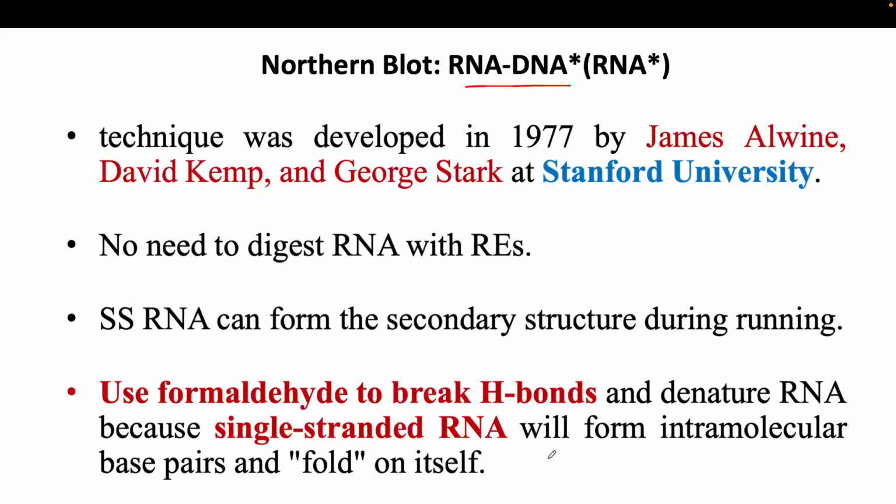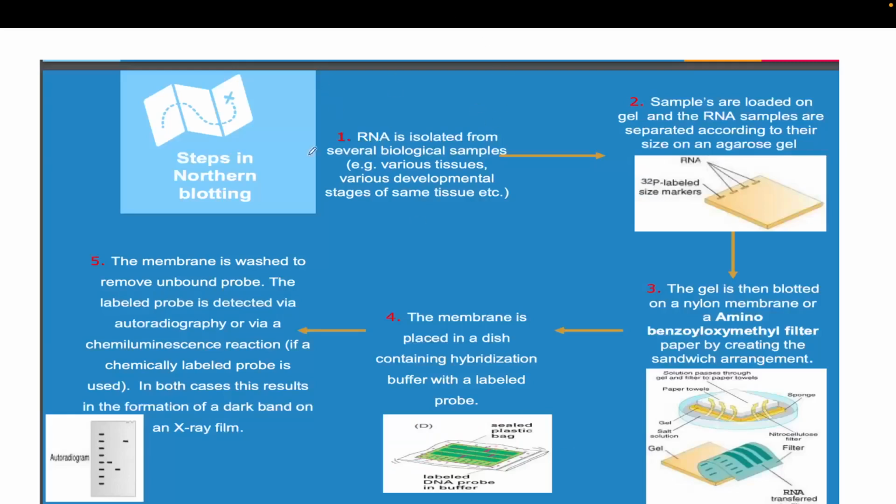So to break the hydrogen bonds, we generally use formaldehyde when running RNA on the gel, so that it can't form intramolecular hydrogen bonds. Apart from that, the northern blotting is almost similar to the southern blotting.